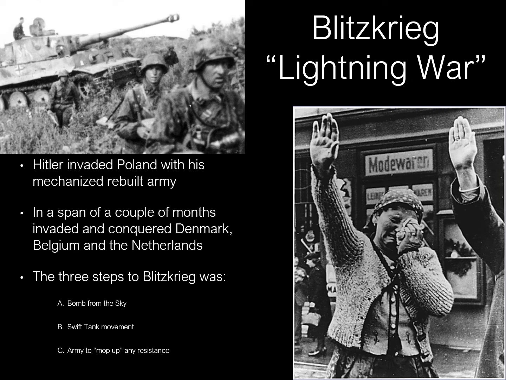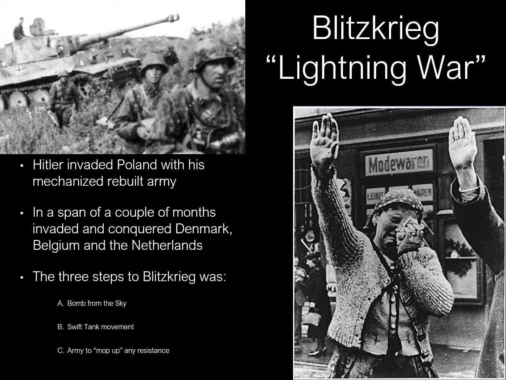What made the Nazis so effective early on in the war was that they had a tactic called Blitzkrieg, also known as Lightning War. The Blitzkrieg was basically broken up into 3 steps. First, was a heavy bombing campaign by the Luftwaffe from the sky. Then, swift tank movements, followed by sending the Wehrmacht, the army, the armed forces, in to mop it up.